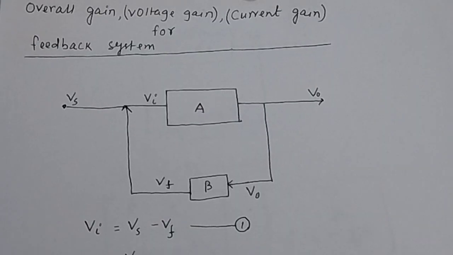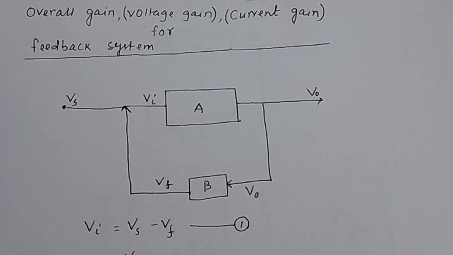A question will come in the examination: how the overall gain, or the voltage gain, or the current gain is affected by positive feedback or negative feedback. A long question will be asked to you, like derive an expression for the voltage gain of a positive voltage series feedback amplifier.